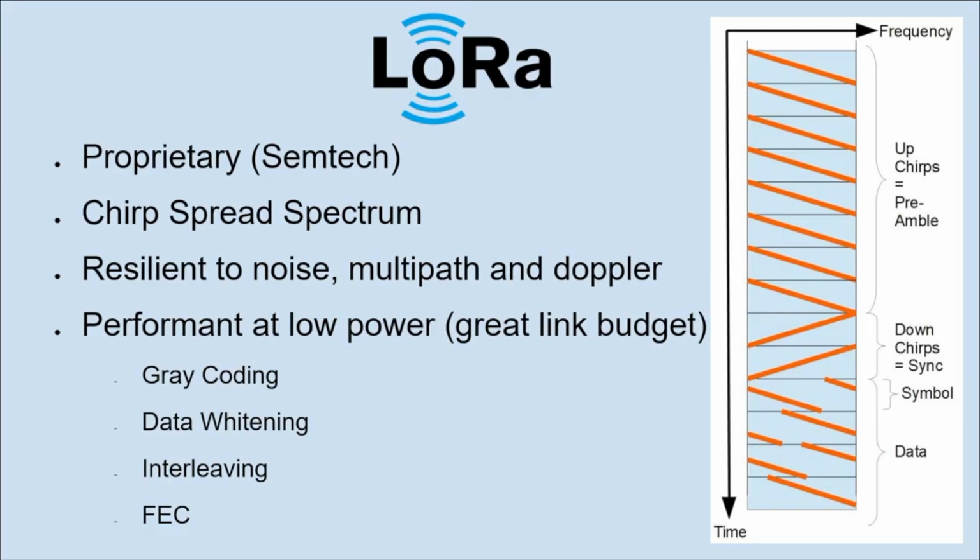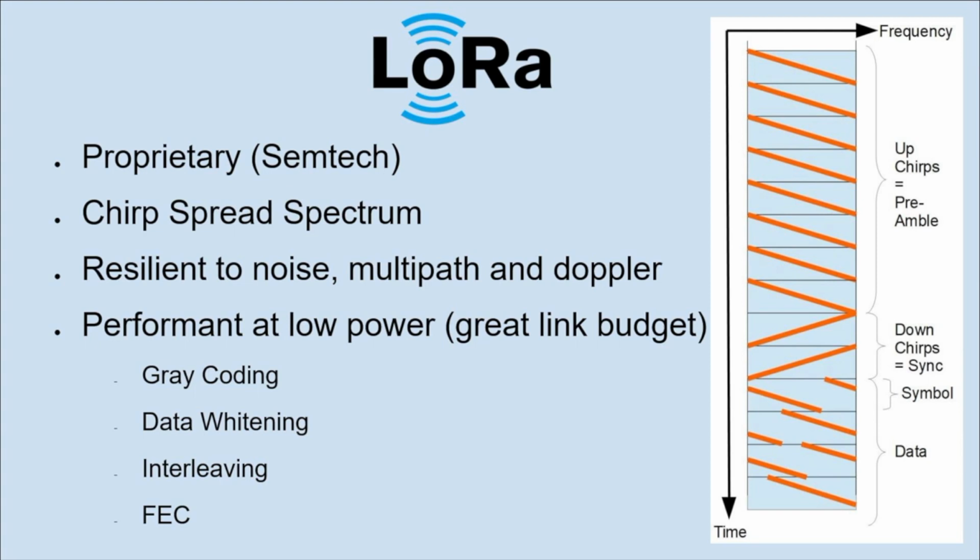Anyway, a number of data techniques are used to achieve a pretty impressive overall performance. It's at least as good as any of the other modulation techniques I've used. They claim up to 168 dB link budget, which seems reasonably well suited to low power. I mean, if you've got low power, you need a lot of link budget.